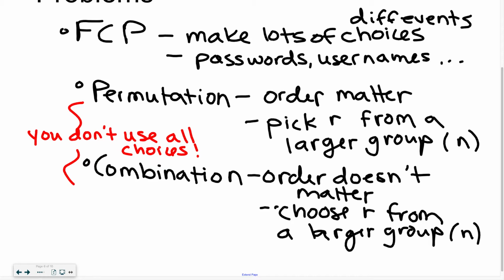But if you notice, oh, I have a whole bunch of students to pick from, but I'm only going to choose a couple of them, then you probably want an NPR or an NCR. That's probably your easiest way to go about that. If you are picking all of something and arranging it, you could also use a factorial. The factorial is when we pick everything, order matters, and we go all the way down to 1. But we talked about that yesterday. You can also use the permutation.